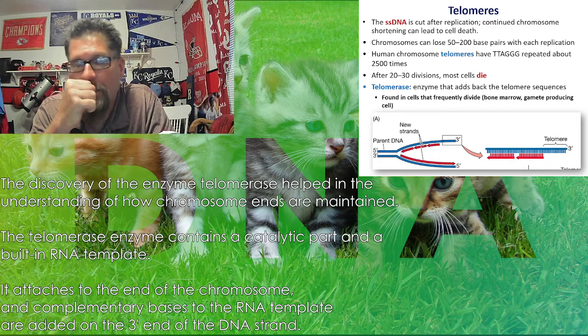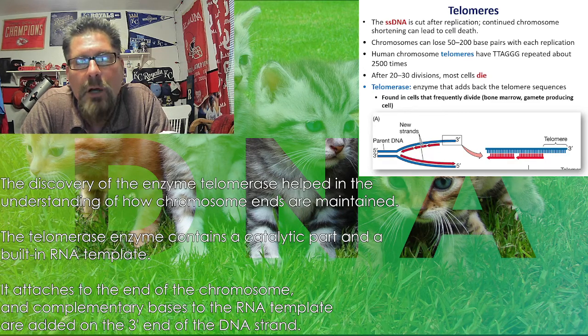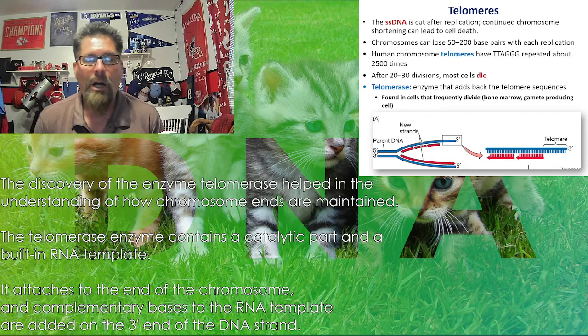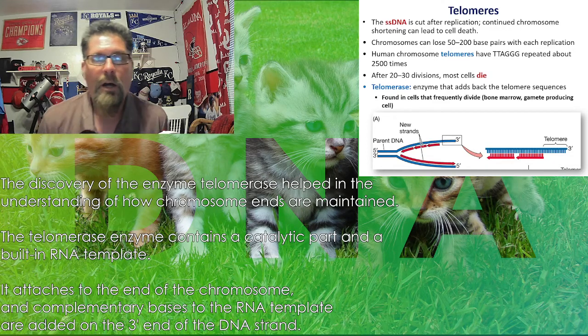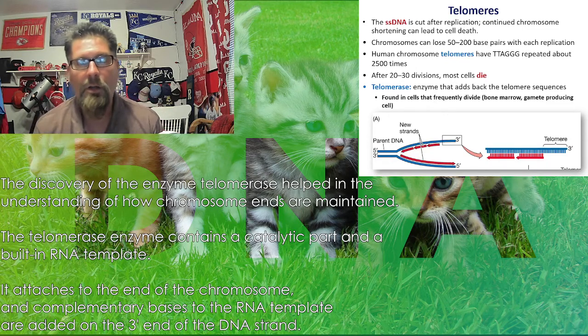That's the telomere section, and since it doesn't replicate that area, each time the DNA strand can lose, as it says there, 50 to 200 base pairs.